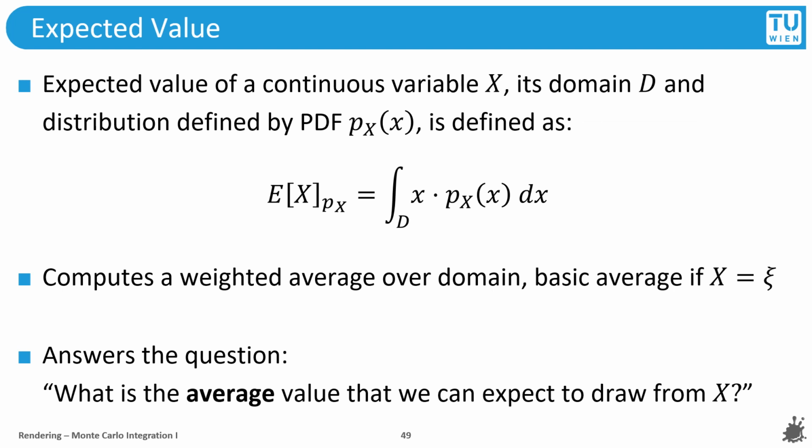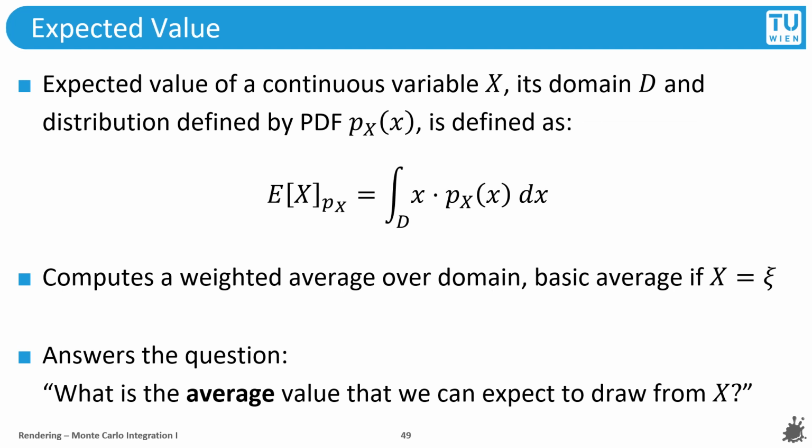The last topic of our introduction to the fundamentals for Monte Carlo integration is statistics. And the main concepts that we need to cover here are the expected value and the variance. So for a short recap, let's start with the expected value.